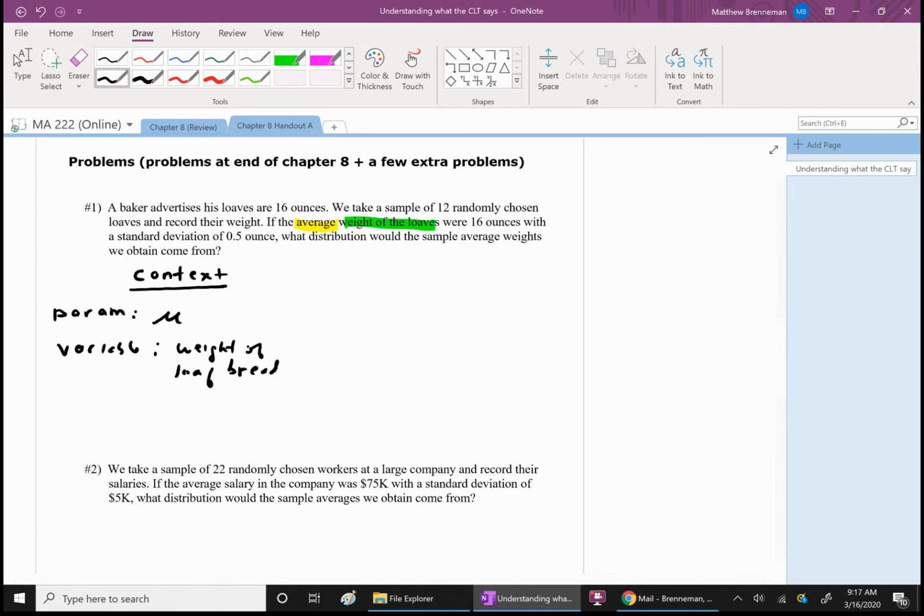And so what is our population? Well, when we read through this, we see that we're talking about the loaves that some baker makes, so it seems safe to say that the population is all the loaves made by the baker.